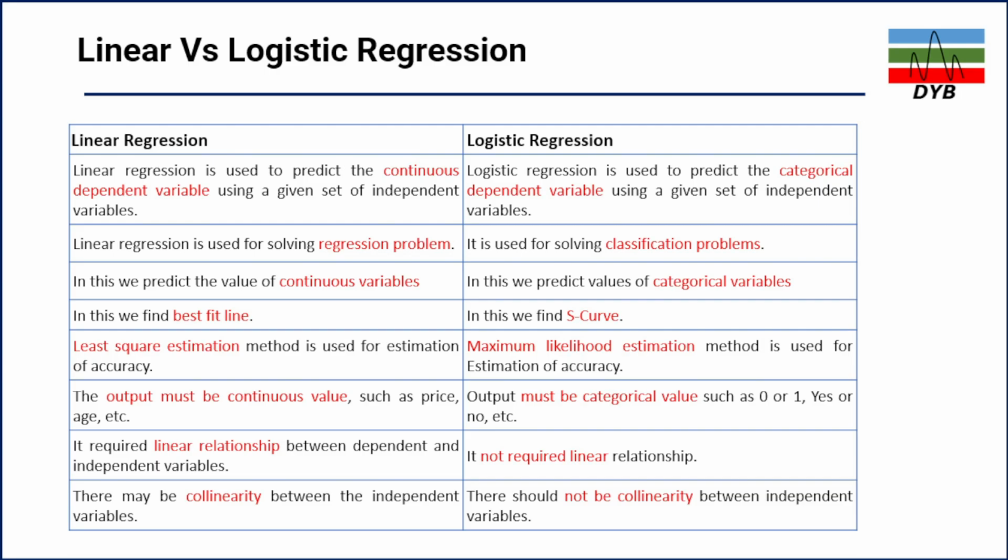Another difference is that linear regression needs a linear relationship between the dependent and independent variables, but logistic regression doesn't require any linear relationship. Last but not least, there may be collinearity between the independent variables in linear regression, but there should not be any collinearity between the independent variables in logistic regression.